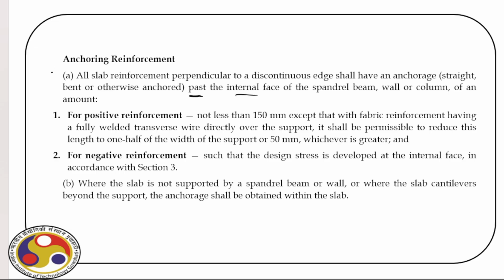So, this anchorage is important at the edge section. For positive reinforcement, not less than 150 millimeter, except that with fabric reinforcement having a fully welded transverse wire directly over the support, it shall be permissible to reduce this length to 1/2 of the width of the support, or 50 millimeter, whichever is greater.